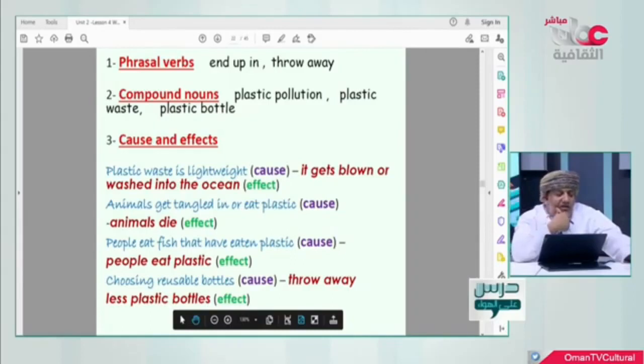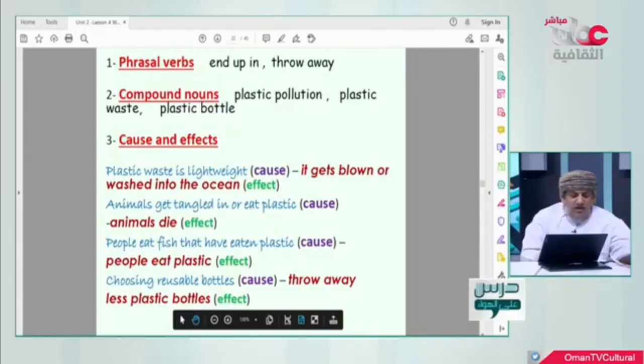Okay. The answer for cause and effect. We have so many examples here, but I want you to find just 2 examples. Here we have plastic waste is lightweight. This is the cause. It gets blown or washed into the ocean. This is the effect. Okay. Animals are tangled in or eat plastic.